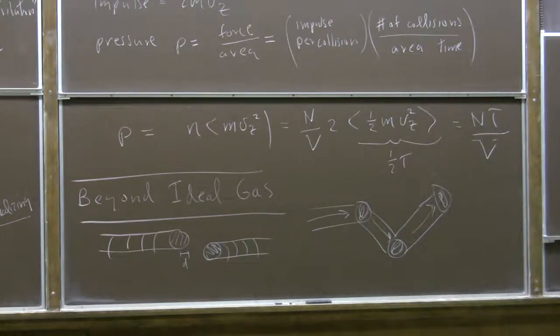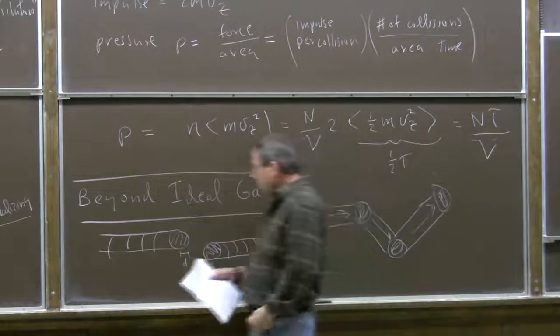So how often do collisions occur? It's determined by two things. One is the size of the particles, and the other is the typical separation between particles, or the density of particles. We can think about it this way.